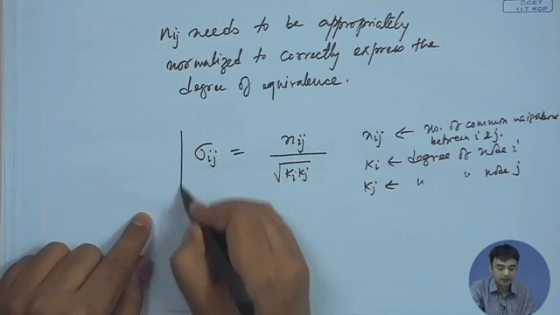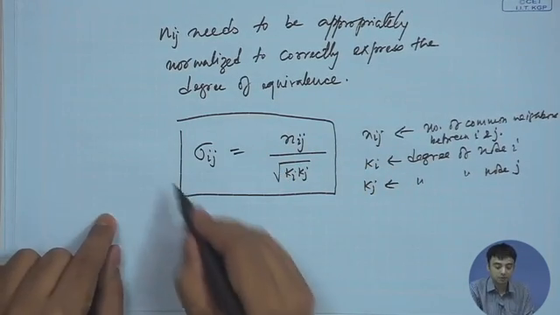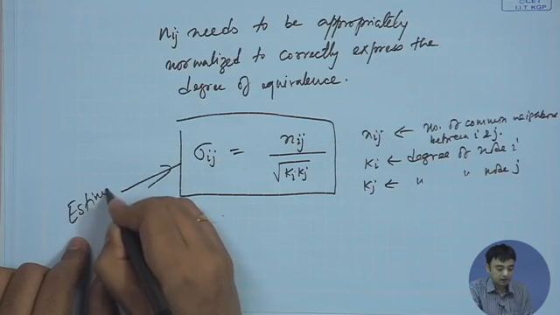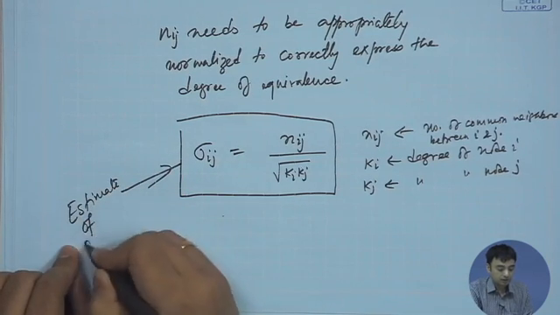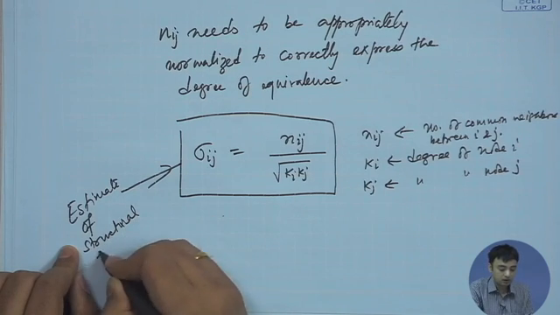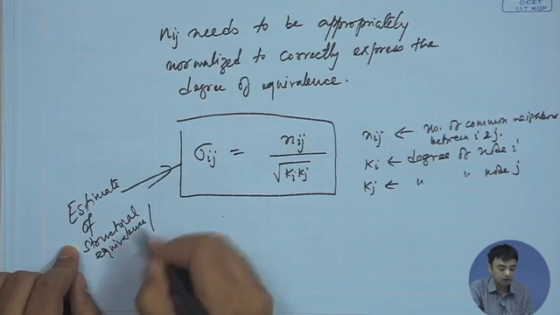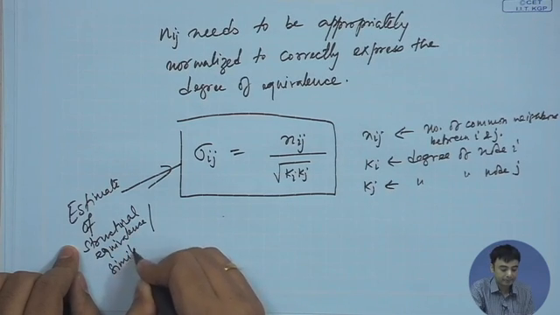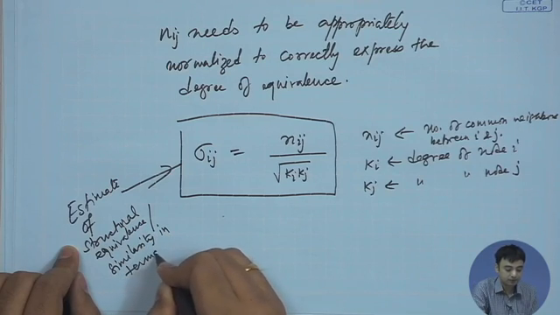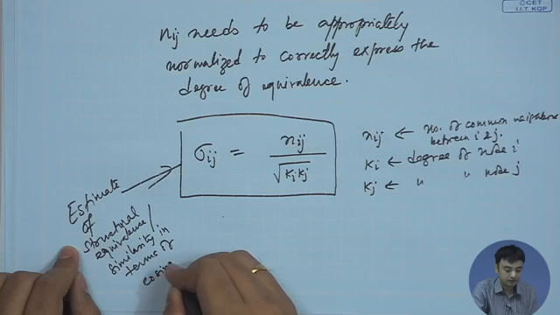So this is the estimate of structural equivalence or similarity in terms of cosine similarity.